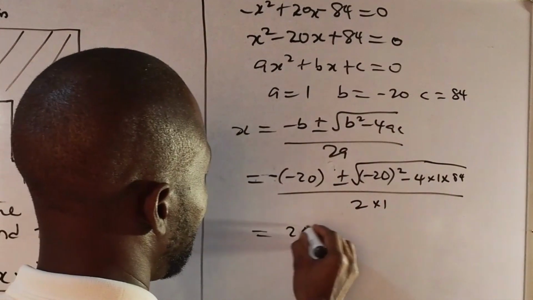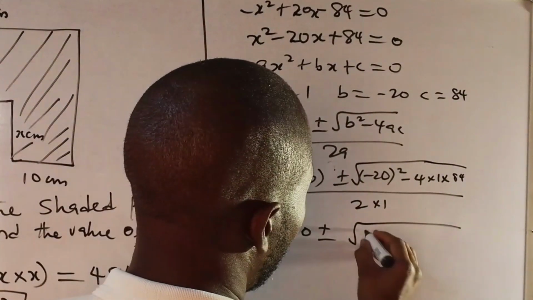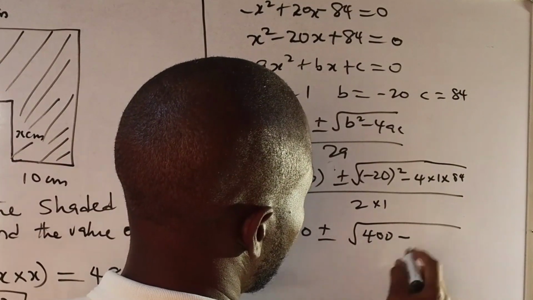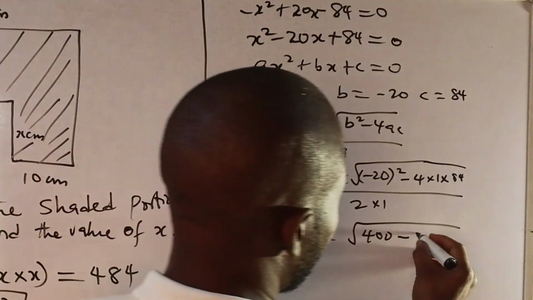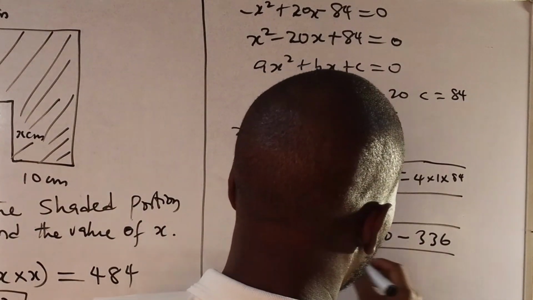That gives us 20 plus or minus square root of 400 minus 4 times 84, 336, all over 2.